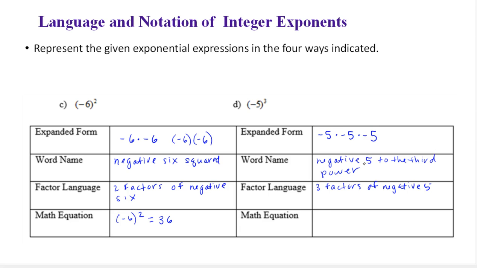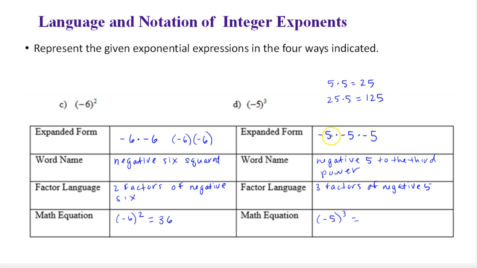So now let's see what this equals. Okay, so to find the product of 3 factors of 5, first we'll just multiply their absolute values. So 5 times 5 is 25. Then we have one more 5. 25 times 5 is 125. You could think of that as 5 quarters is 125 cents.